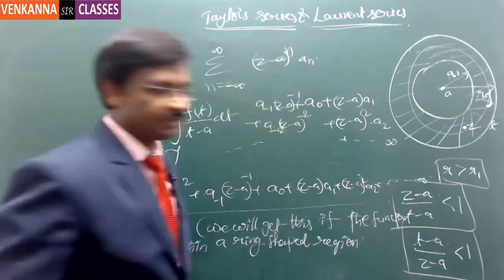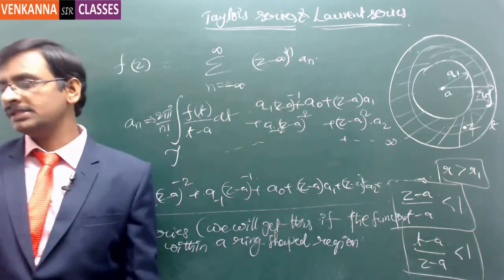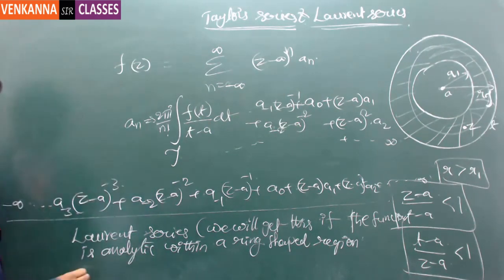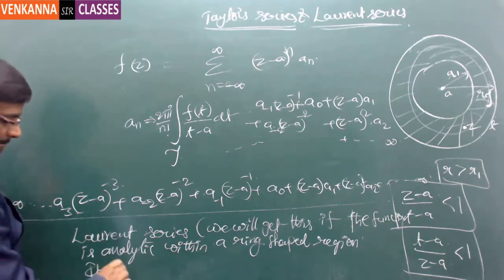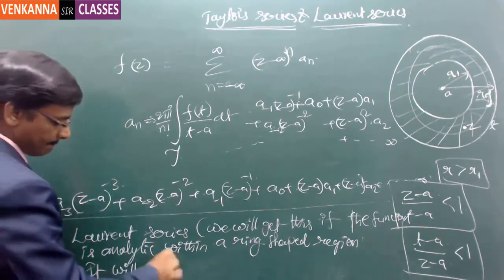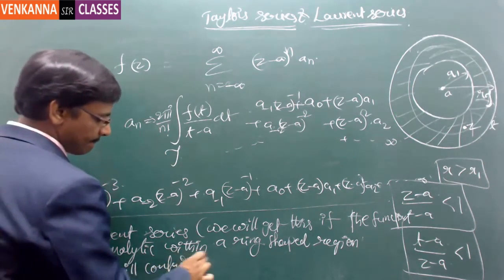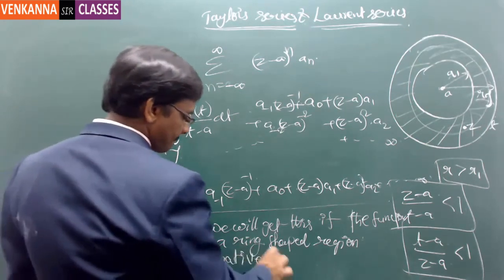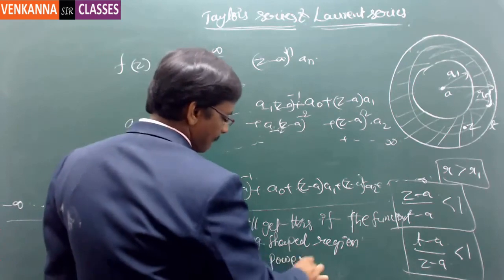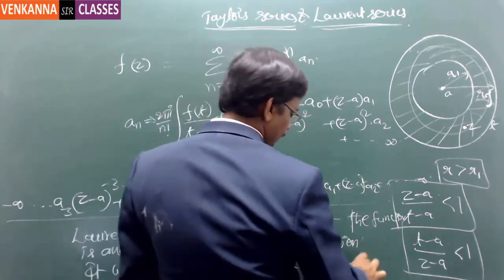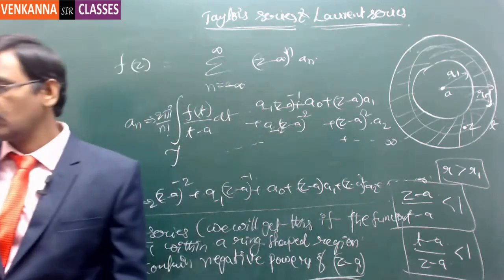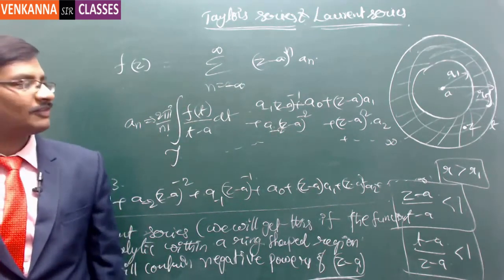This is the first thing. And a Laurent series will contain negative powers of Z minus A. So this is one key factor. These are the two important properties of the Laurent series.